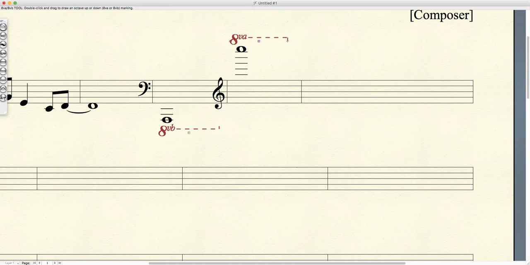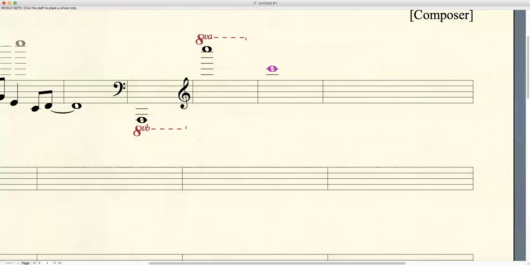Or if I really want to save ink and try to keep track of ledger lines, I can put it here. And one of the options you can do, and I will fess up right now that I don't know the proper Italian term for this, but Finale does have a thing for it. 15MA, or 2 octaves above. So these two pitches will sound exactly the same.